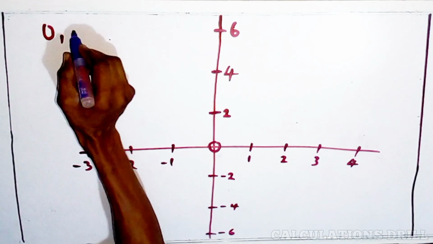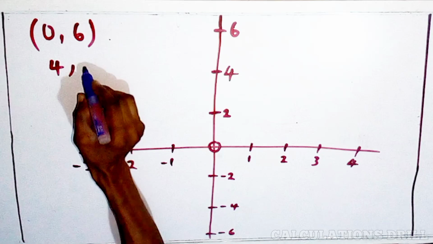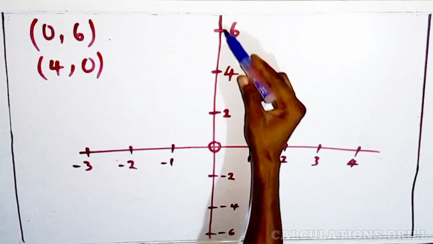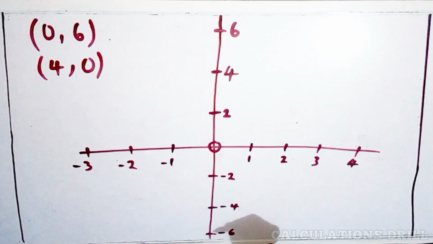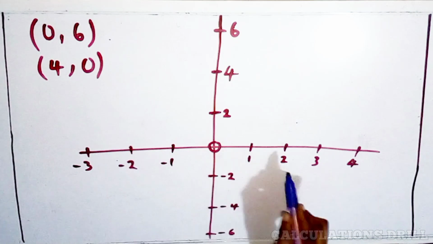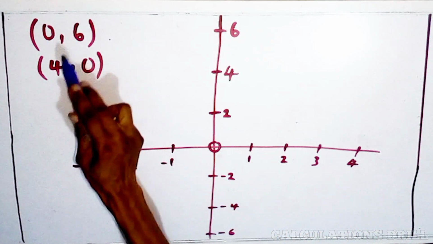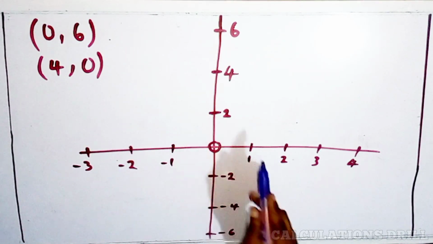Now you can see our graph. That is the next thing we need to plot using our coordinates. That is the y-axis, positive and negative y-axis, and we have the positive and negative x-axis. We're going to use our coordinates now to plot our graph.